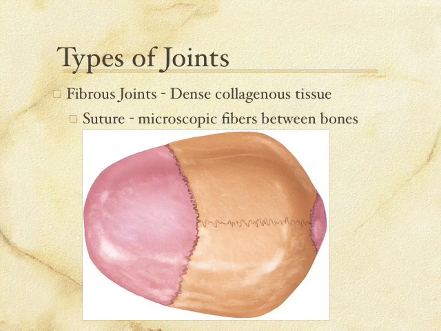We say interdigitate, kind of the concept of putting your fingers together like so, and creating a weaving together, but there still is a gap there. It's a microscopic gap, if you will, and down in that little space there are these little collagenous fibers holding the edges of the bones together. So it's tiny little fibers down in these little gaps between the bones holding them together.